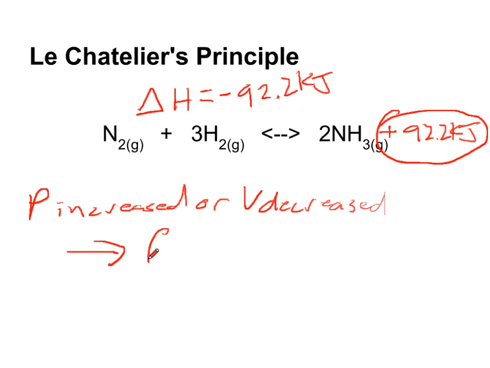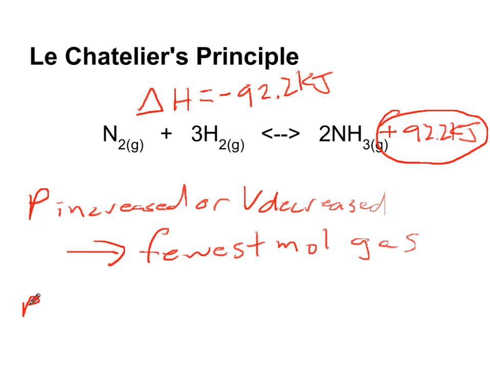So it's going to shift to the fewest moles of gas. So if we increase the pressure of this reaction, it's going to shift to the right because there's 2 moles of gas over here and 4 on the reactant side. If we decrease the volume of the container, same thing, it's going to shift to the side with fewest moles of gas. Now the opposite of that is true.